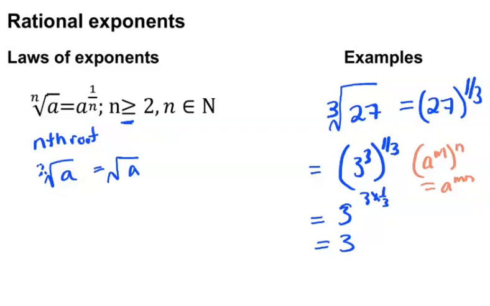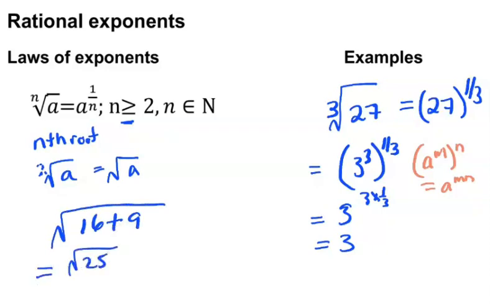You have to know that if I have, for instance, the square root of 16 plus 9, that is equal to the square root of 25, which is equal to 25 to the power of a half, which is equal to 5, which is not equal to the square root of 16 plus the square root of 9.